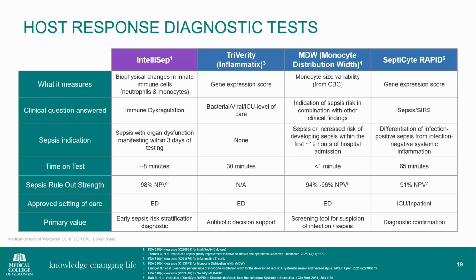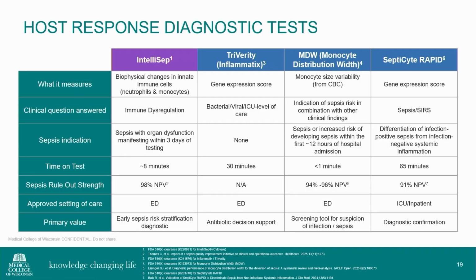The performance is relatively good, around a 91% negative predictive value, or ability to rule out sepsis. The Trivarity is cleared for use in the ED. The SeptiCyte is cleared for use in the inpatient or ICU environment.